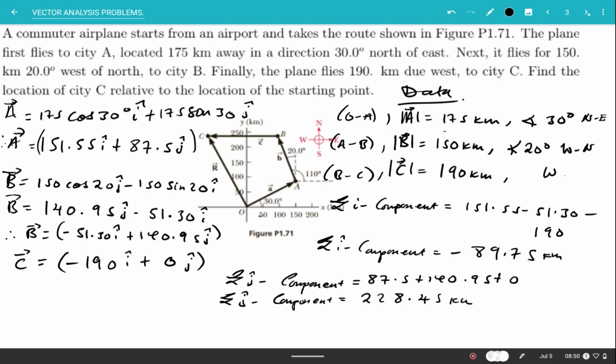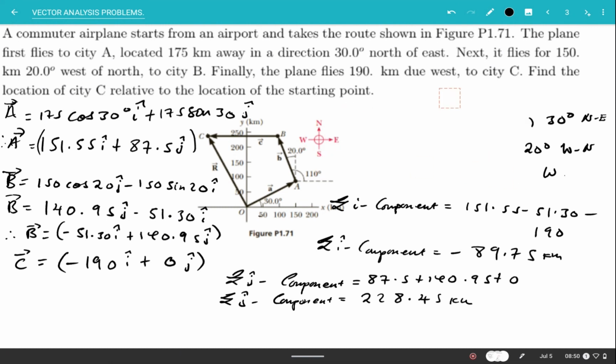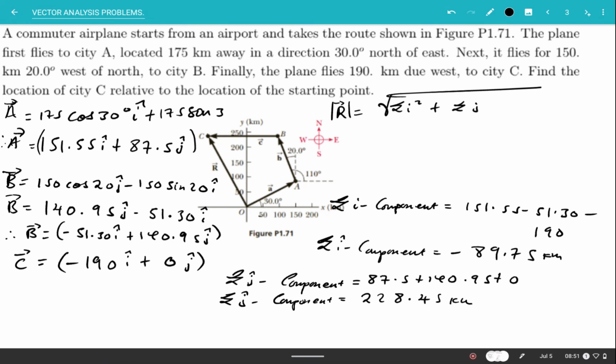Now let's find the magnitude. I'm going to erase this portion here so that we can find the magnitude. The magnitude of the vector we're looking for, which is the resultant, is equal to the root of the sum of the I components squared plus the sum of the J components squared.